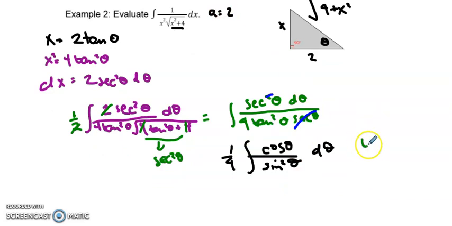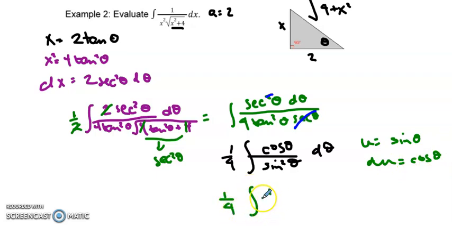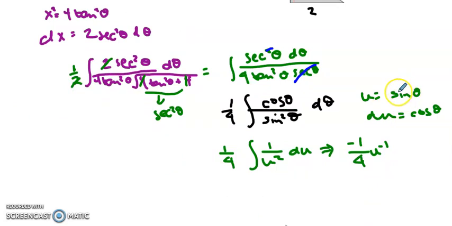I'll do u equals sine and du equals cosine. So I'm integrating 1/4 times the integral of 1 over u squared du, which gets me to negative 1/4 u to the negative 1, which of course u was sine. So I have negative 1/4, and then instead of sine to the negative 1, I'll just use cosecant of theta, and I need a plus c.